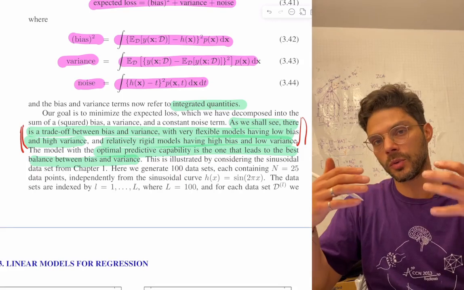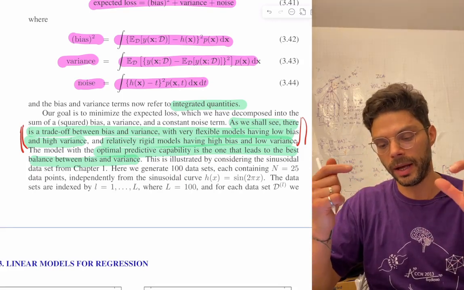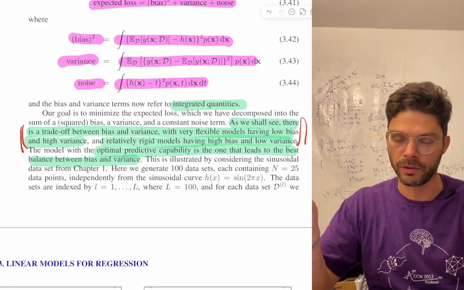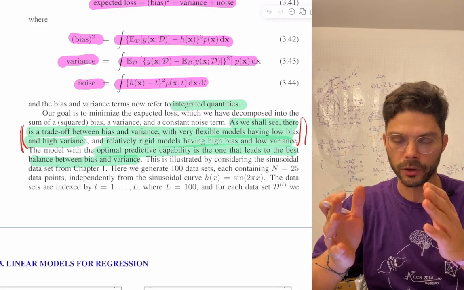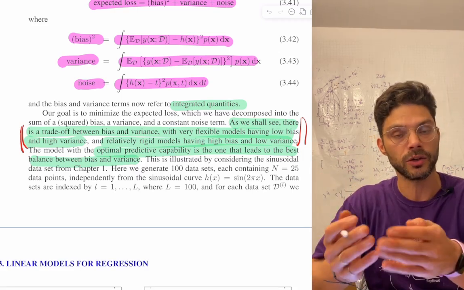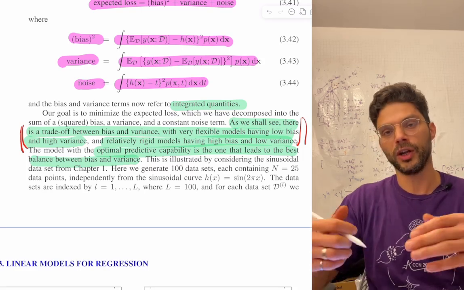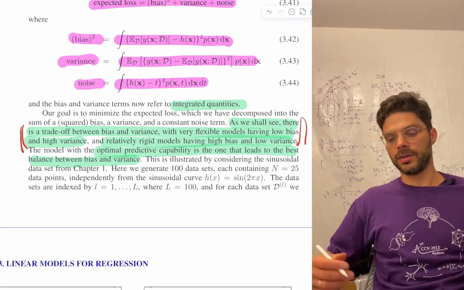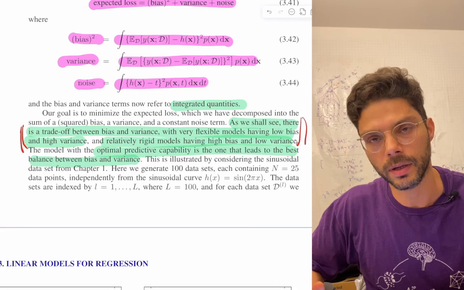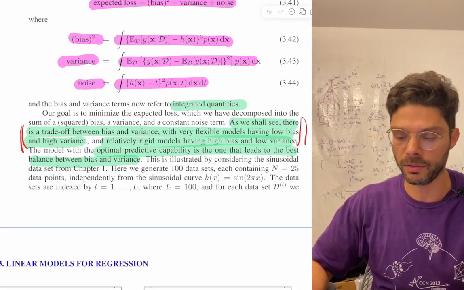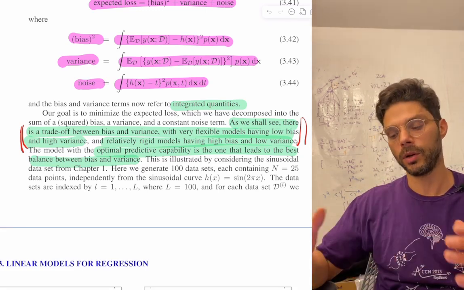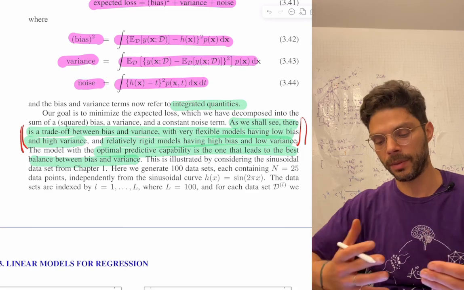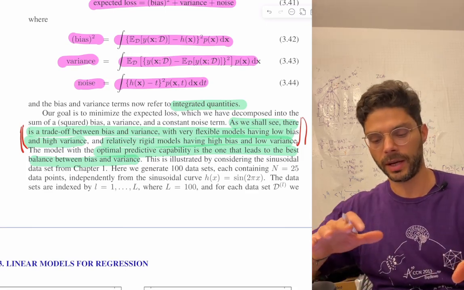Because maybe what you want is to introduce a little bit of bias, and the variance will come down so much that your squared loss will actually be smaller, so your actual performance will be better. So you might have heard of these minimum variance unbiased estimators. Why not reduce the bias if you can? But if your goal is least squares, the overall performance, there's actually a trade-off happening. So you might actually want to introduce a bit of bias.